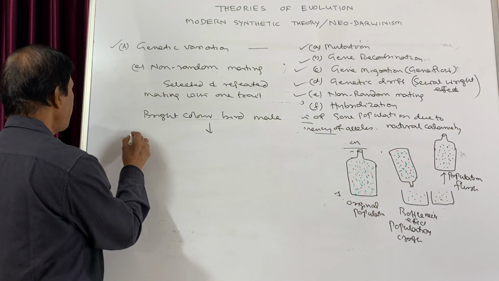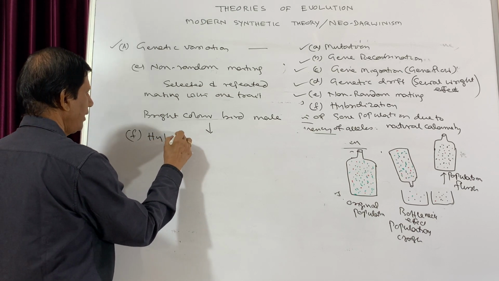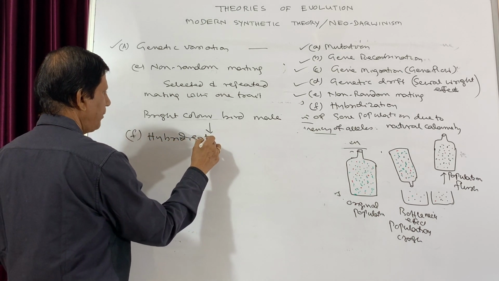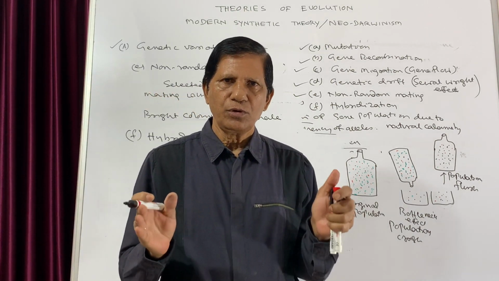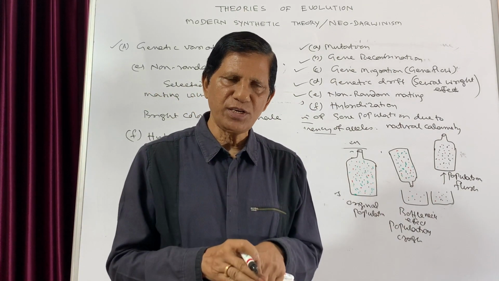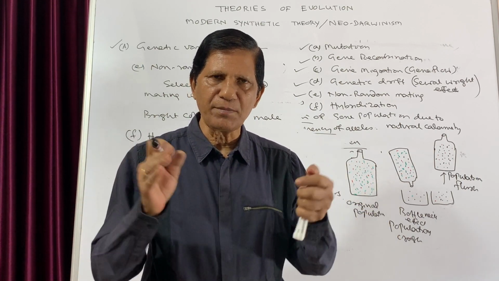Then the last point is hybridization, and you are very acquainted with hybridization. In hybridization, either two different species of the same genus or different genera are crossed together, hybridized together.